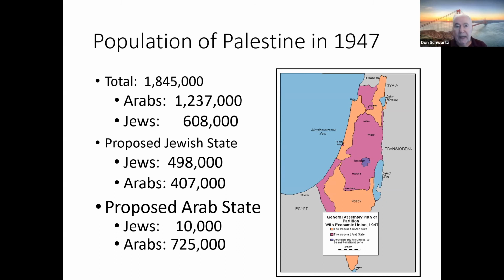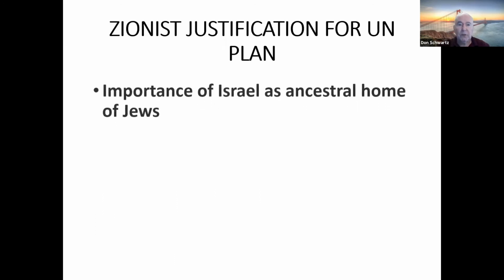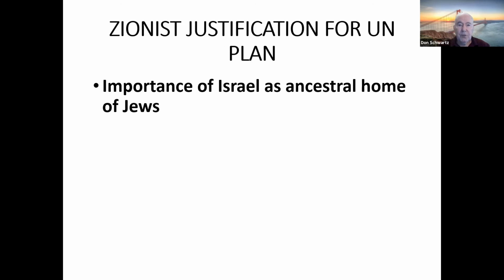On the other hand, Zionists felt justified in claiming a Jewish state out of parts of Palestine. And their justification was as follows: that the land of Israel was the birthplace of the Jewish people. And for centuries, Jews prayed for a return to their ancestral homeland, with prayers ending with the quote, "next year in Jerusalem."